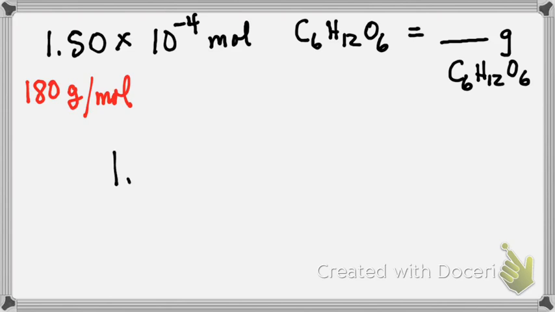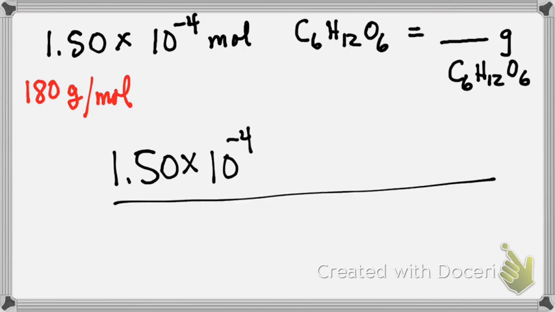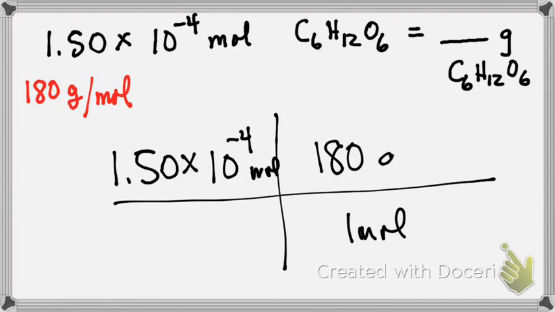So the conversion will start with what I know, 1.50 times 10 to the minus 4 moles, and then 1 mole is 180 grams of glucose.